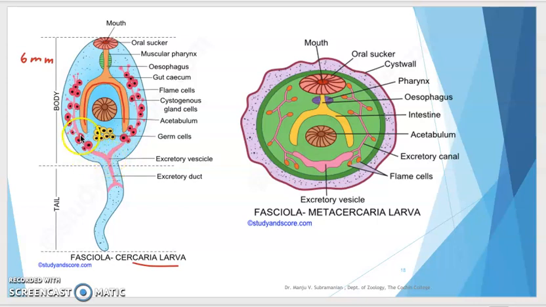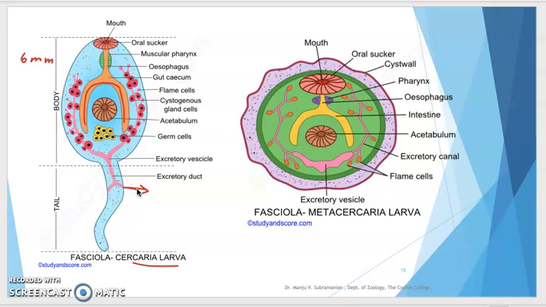The ducts from both sides join together and reach the excretory vestibule, and it further runs towards the posterior, and the excretory duct arises and runs to the tail, and it again bifurcates and opens outside by the nephridiopore. This opening is called the nephridiopore.